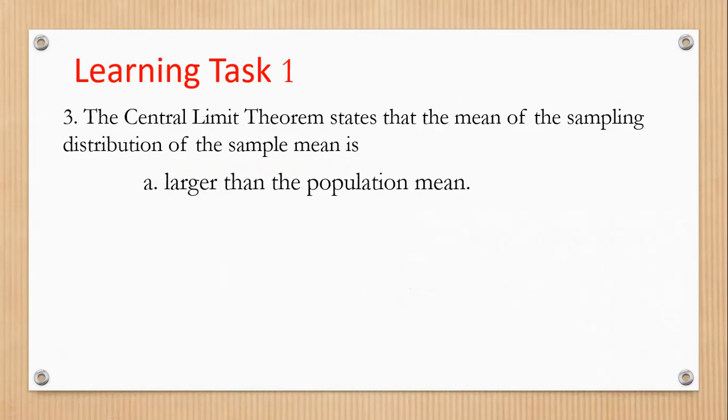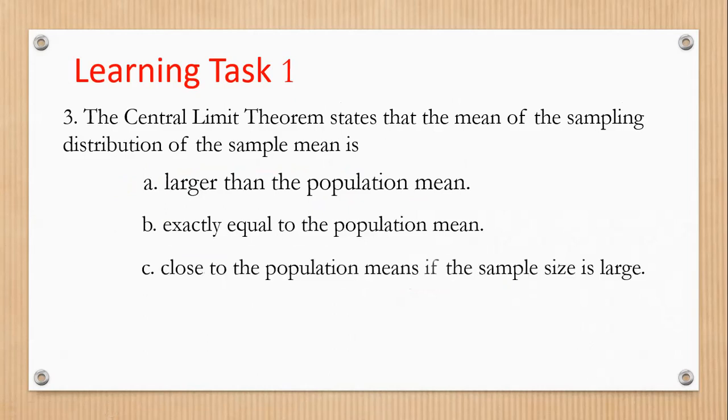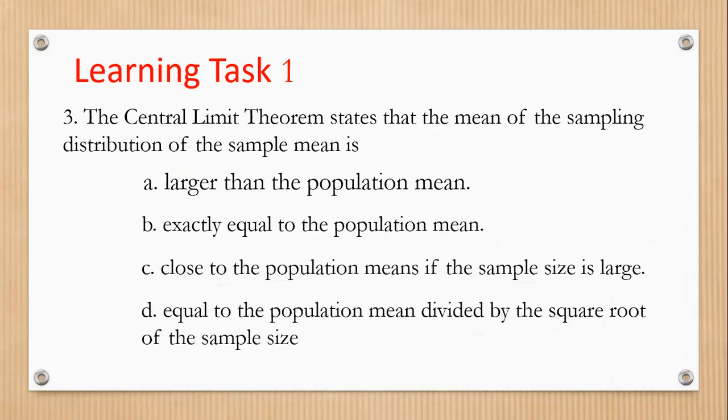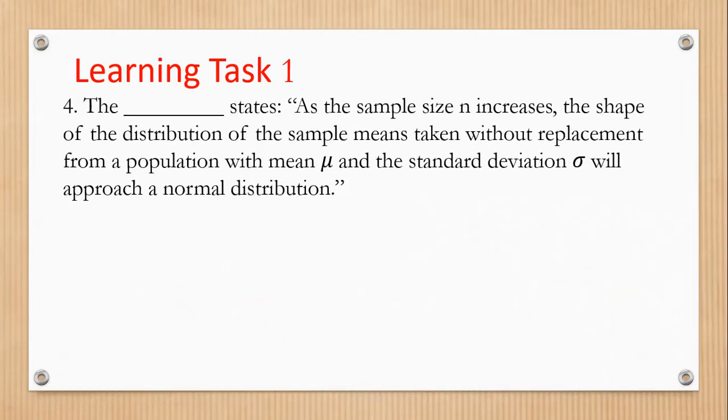Question number 3. It states that the mean of the sampling distribution of the sample mean is close to the population mean if the sample size is large. I will discuss it further. For the fourth question, supply the missing word.